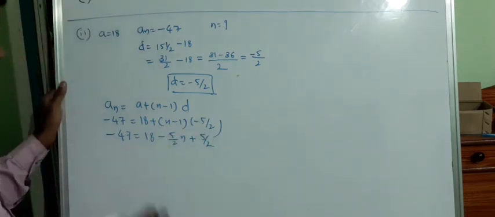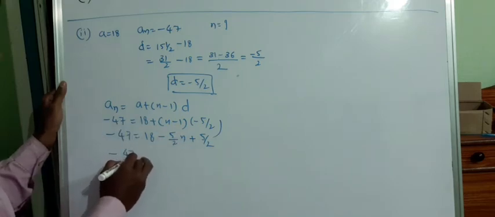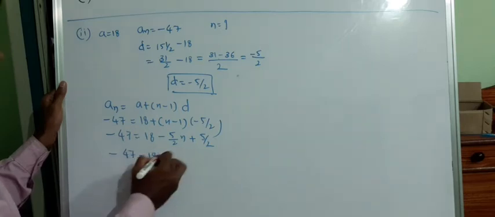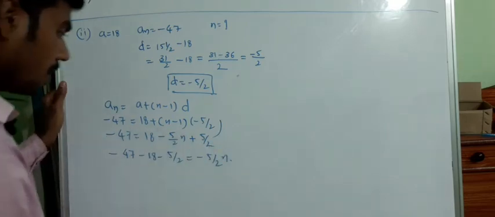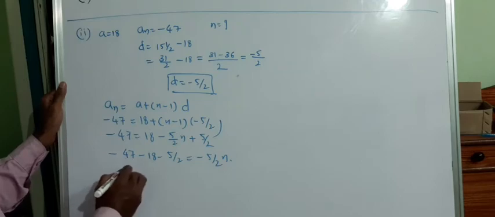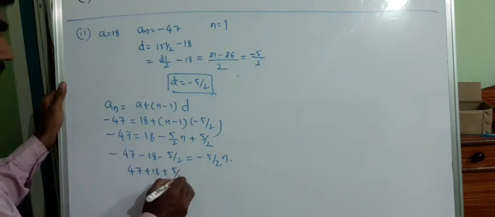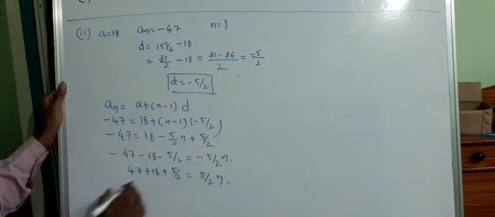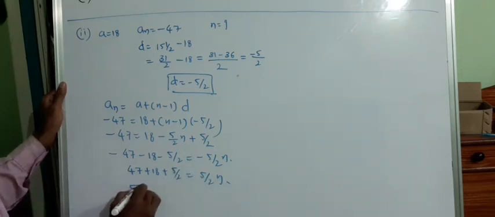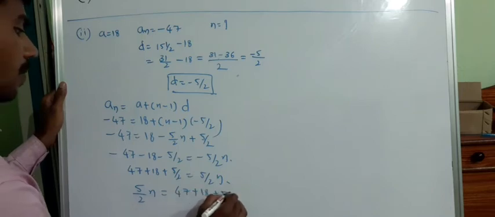Now this 18 I'll transfer to the left hand side. Minus 47 minus 18 minus 5 by 2 is equal to minus 5 by 2 n. Now I'll remove minus across, that is 47 plus 18 plus 5 by 2 is equal to 5 by 2 n. Or else I'll write one more step for better understanding. 5 by 2 n is equal to 47 plus 18 plus 5 by 2.